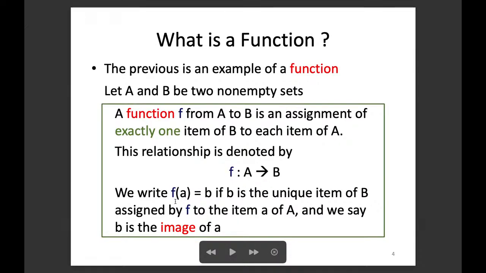And we use the notation f of little a is equal to b to describe that for a particular little item a of big A, the resulting assignment will be equal to b in big B. So there is some name for it. B, we will call it the image of a, and a is one of the pre-images of b.